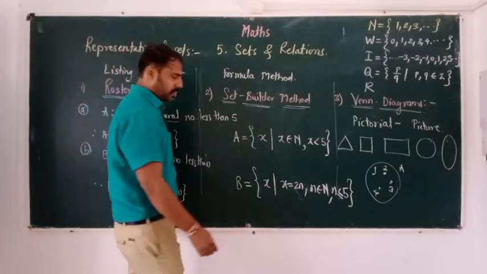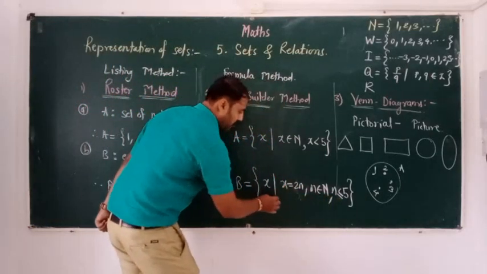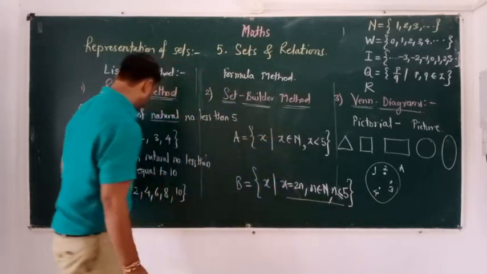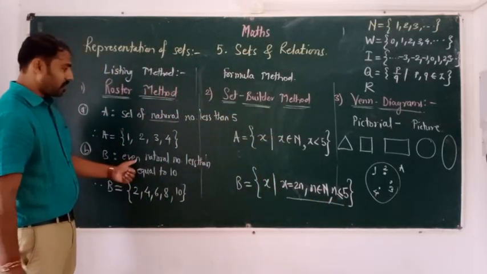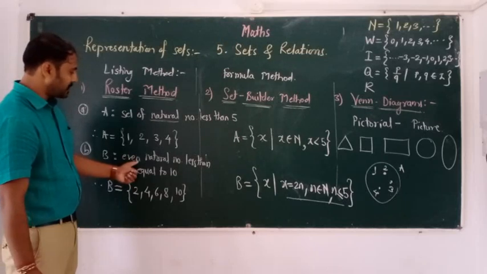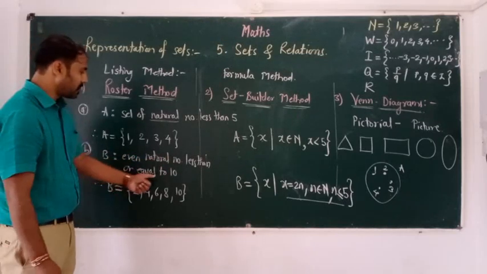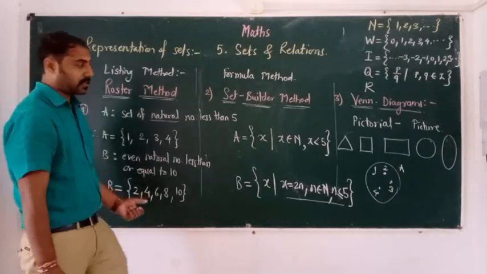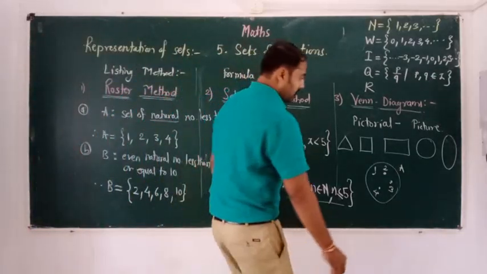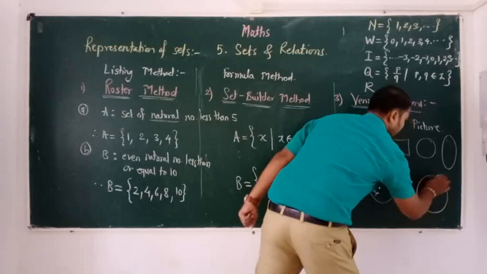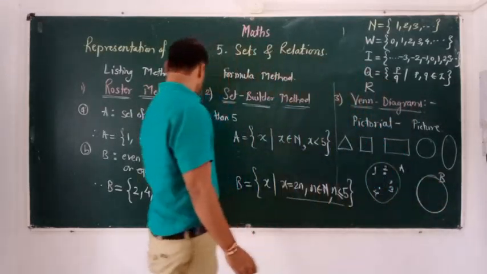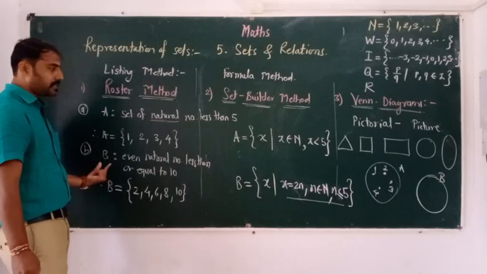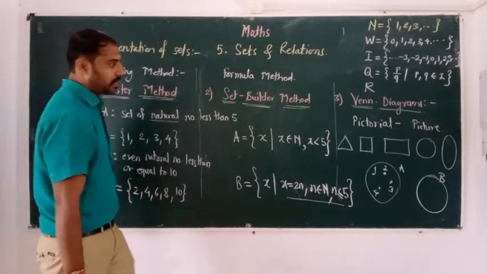Or simply, in words, you may write the set of all x such that x is an even natural number less than or equal to 10. And in a Venn diagram we represent that set B as follows.